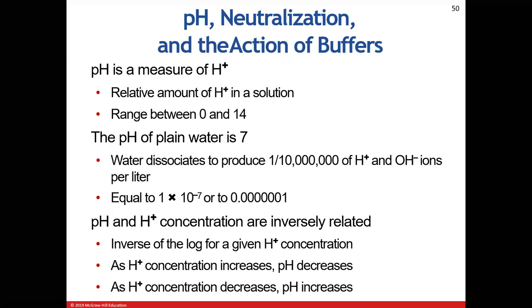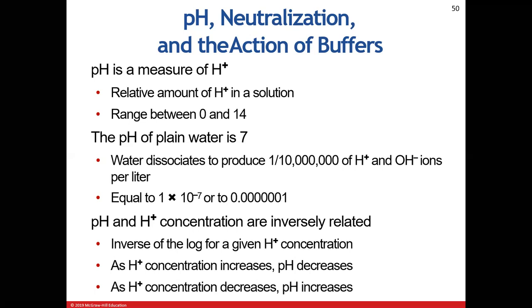We have a relative amount of hydronium in solution, and that's going to give us a pH that ranges between 0 and 14. Typically, we look at the pH of plain water, or very equal water, if you will. It's going to be 7, so it's got a very neutral pH. This isn't water that has a lot of other ions in it. It's simply plain water, all H2O.